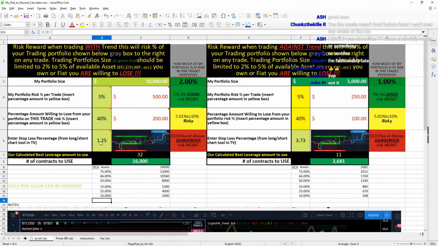There you can go 16,000 contracts. You're tightening up your risk for a potential higher reward. You would get stopped out within 1.25% of price movement, but you could go 32x with 16,000 contracts and still only lose $200. Thereabouts.